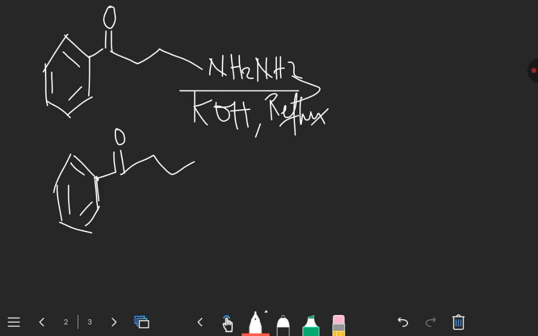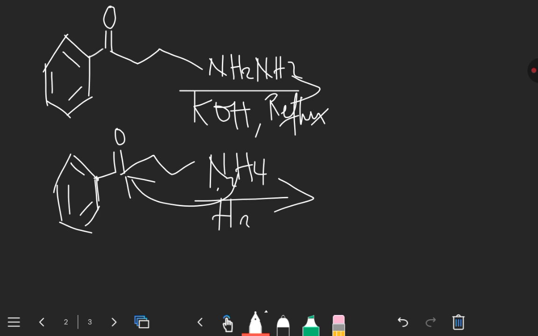Then when that reacts, when nitrogen reacts, there is a reaction between this and this, which can happen in the presence of water.